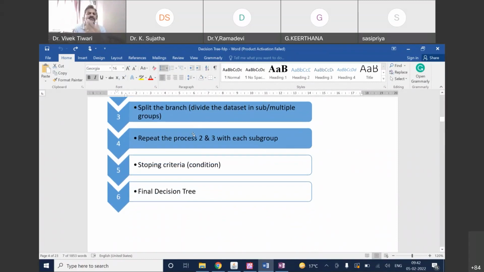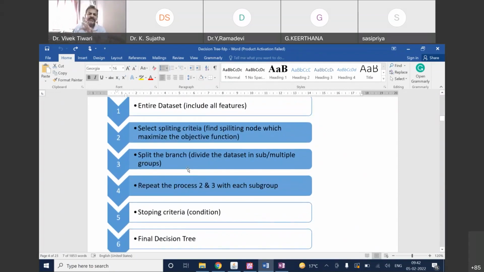Repeat that process multiple times until the stopping criteria match. Once the growing stage is over, you stop, and there is a final decision tree. Once you have a final decision tree, you can use it for prediction. These are the fundamental basic steps that almost every decision tree follows.